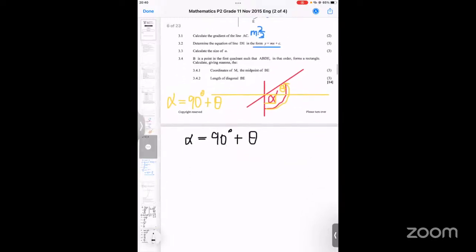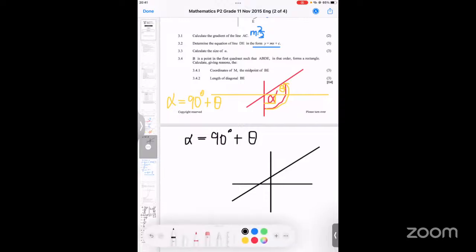Maybe let me try to redraw that. So let's say this is the Cartesian plane we have, the y-axis and the x-axis. If we have a line like that, then we can create our imaginary line there, Ethan. So this angle there is 90 degrees.